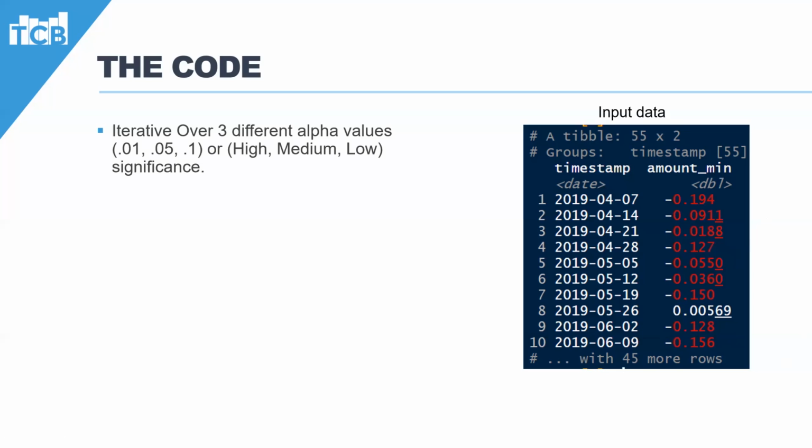So what we did for the anomalies, as you saw, the high, medium, and low significance, we iterated over 3 different alpha values. We just chose 0.01, 0.05, and 0.1, which would be 99, 95, and 90% significant. We store all of them in a list.